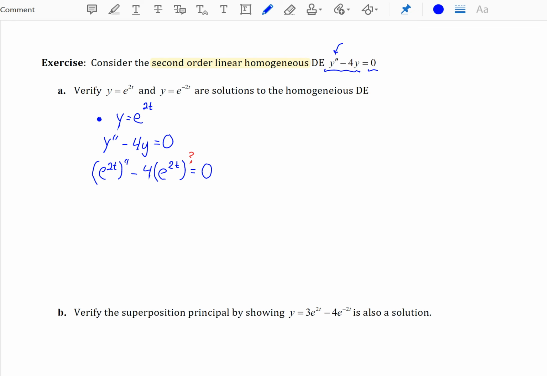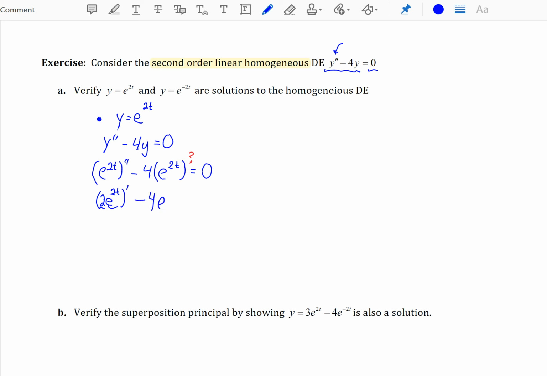So we'll do some calculus here. We'll start with the derivative terms. We have to do 2 derivatives. Of course, you can do this any way you want, but just for teaching right now, I'm going to do this in pieces. So I'm going to take a first derivative. If I take a first derivative of e to the 2t, then I'll have 2e to the 2t, and I've left one derivative behind. So the derivative of e to the 2t is e to the 2t times, by the chain rule, this 2.